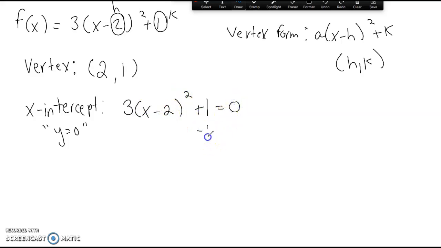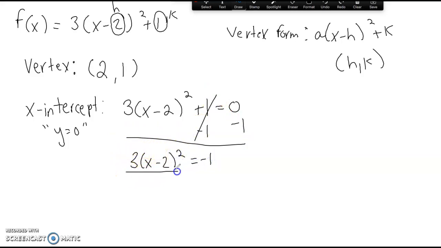We're going to subtract 1 on both sides. I have to get rid of this multiplying 3, so I'm going to divide it out. We have x minus 2 squared equals negative 1/3.